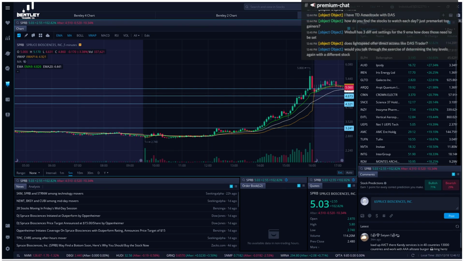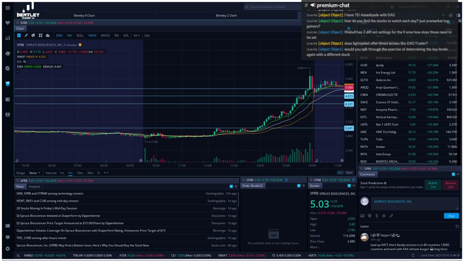Yes, Lightspeed is direct access. And again, it's way better than TD Ameritrade because of order execution. Your orders are going to feel a lot slower through a platform like TD Ameritrade. Lightspeed, DAS Trader, is basically a platform, and CMEG is the brokerage.